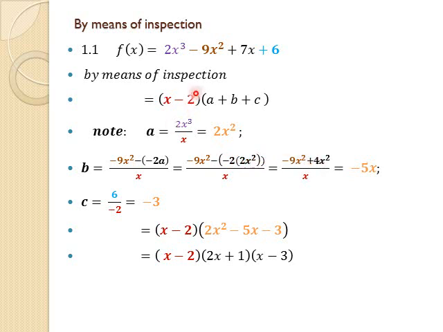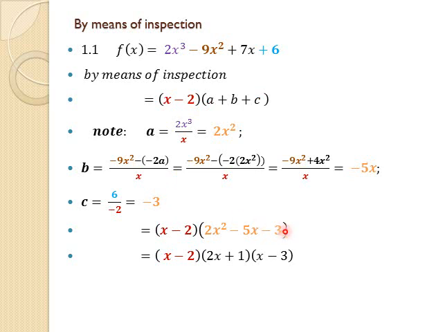Minus 9x squared minus minus 4x squared would give me minus 5x squared, divided by x. So b there is minus 5x. And for c, it's simply the 6 divided by the negative 2, which then gives me negative 3.